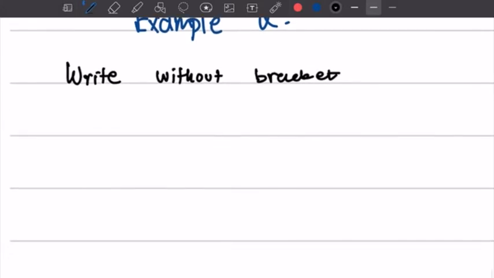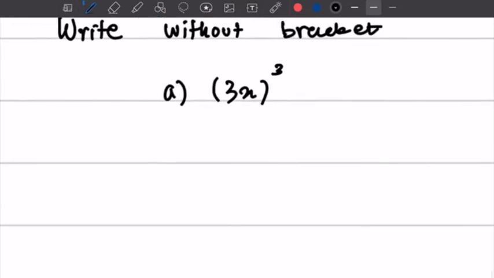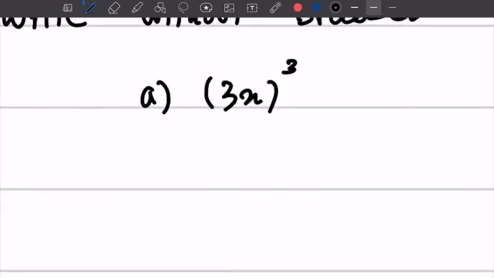So the first question you have is (3x) to the power of 3. Again, this looks familiar. You have something to the power of 3 in a bracket. Now, because this is in a bracket, the power 3 goes to the 3 and the x.